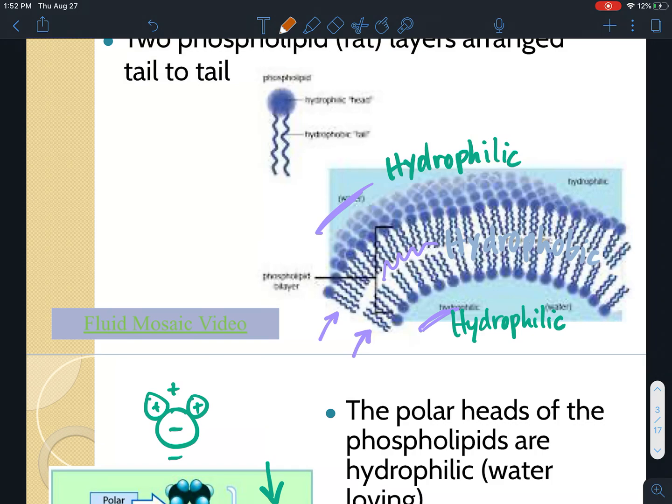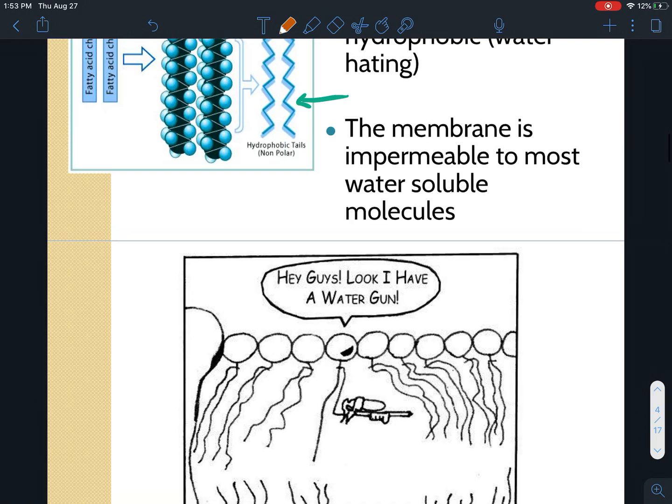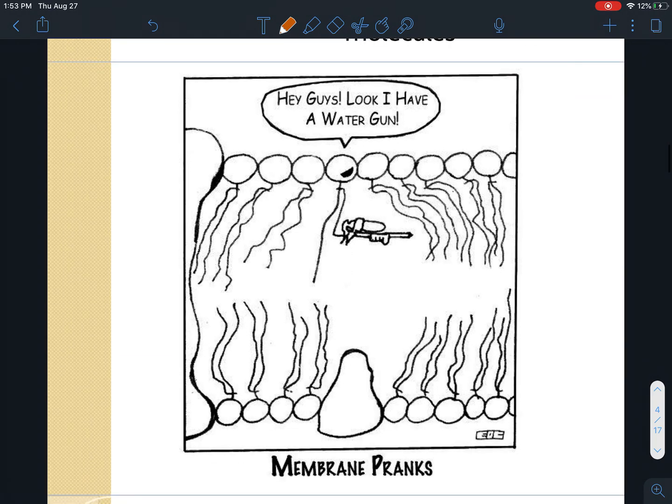And so some things can go straight through this that are very small and non-charged, like oxygen. The oxygen molecule is very little, and so it can go in and out. Bigger things, charged things, and polar things like water cannot go through. If you have a hard time remembering, we've got a little comic here to try to help you remember.